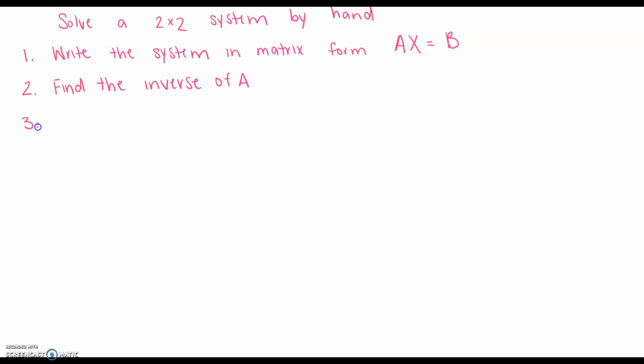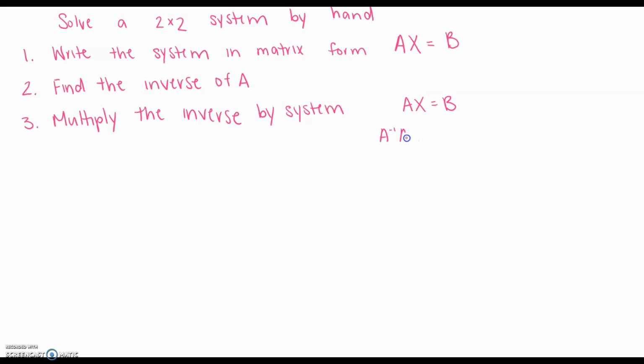And then you need to multiply the inverse by the system. Which should make sense. So you're going to start with AX equals B, and remember you can't just divide by matrix A because you can't divide matrices, but we can multiply it by the inverse.